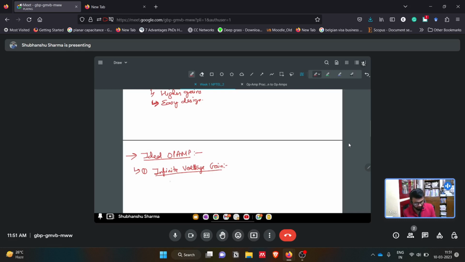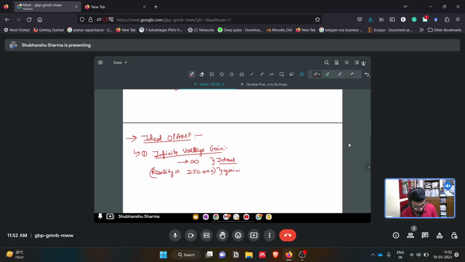If we apply a voltage at the input terminal of the op amp, the gain will tend to infinity. But in reality, it is near 250,000. In reality, this is the open loop gain. But in the ideal case, the open loop gain of the op amp is infinite.